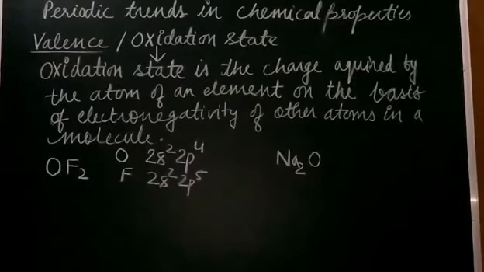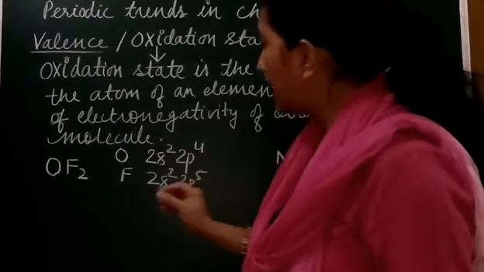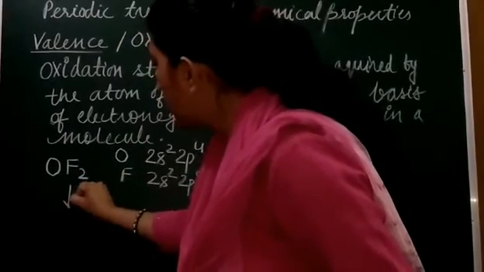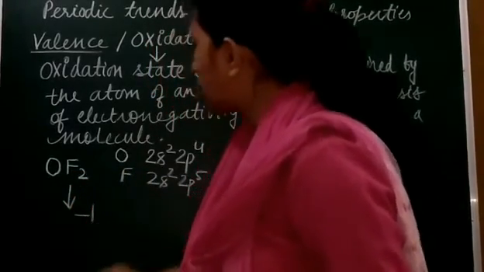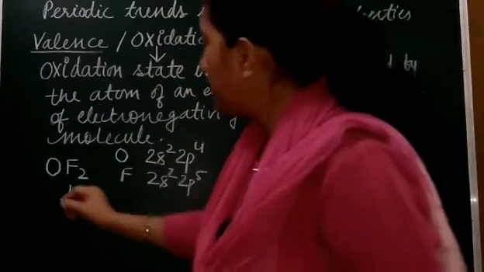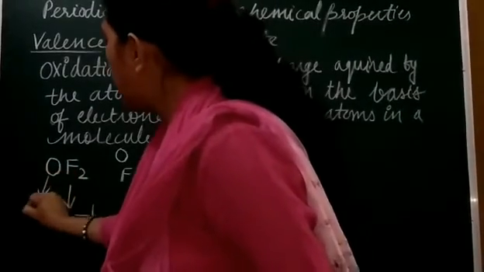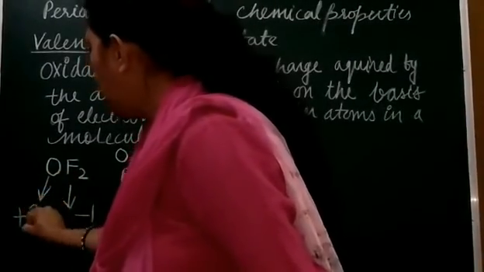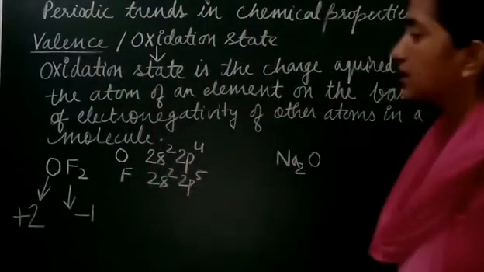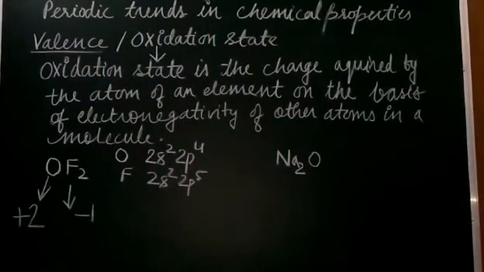As a result, since each fluorine atom is sharing only 1 electron, the fluorine will show the oxidation state of -1, and oxygen will be showing the oxidation state of +2, right?